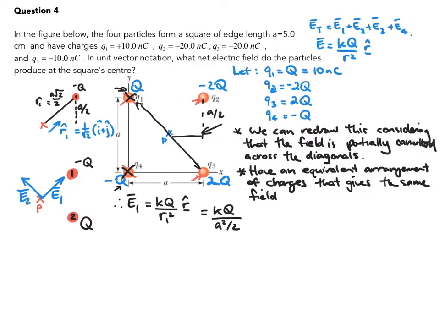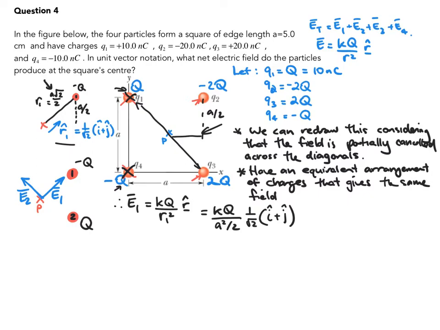All I did was take this value here and square it. And then I have to multiply by my little unit vector, and I get 1 on root 2 times I plus j. So now I have my electric field vector for E.